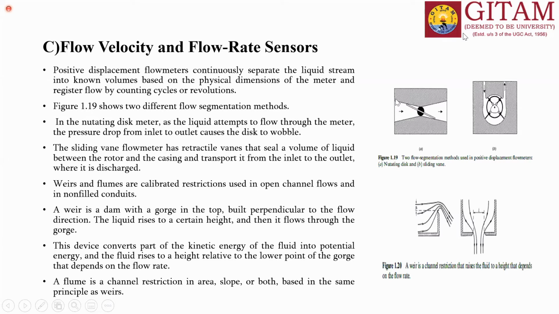We will allow fluid onto the disc. If the liquid pressure is sufficient to move this disc, then liquid can come out of the outlet. During this, the disc will rotate. The number of rotations will give flow velocity. Next one is the sliding vane. The sliding vane will also rotate.